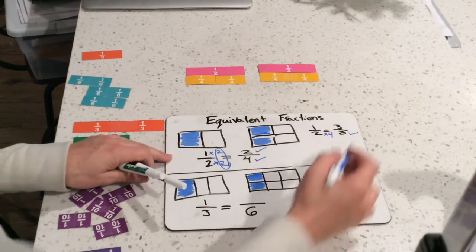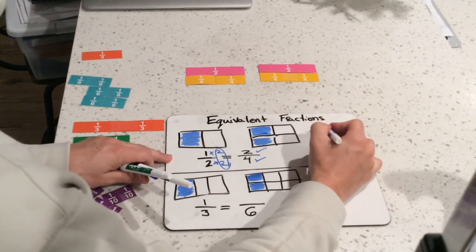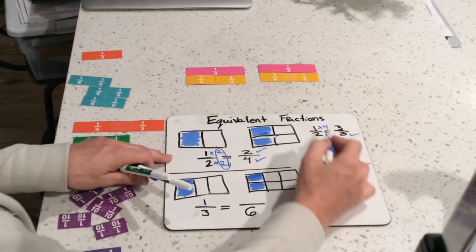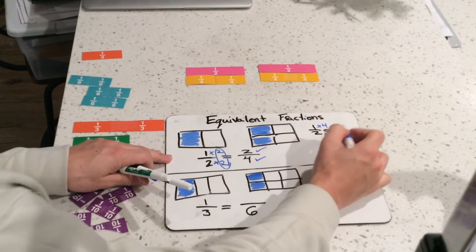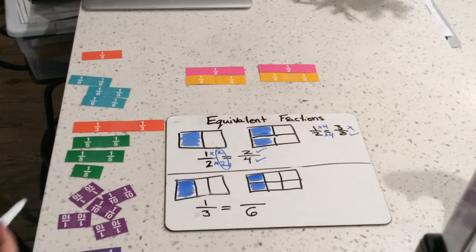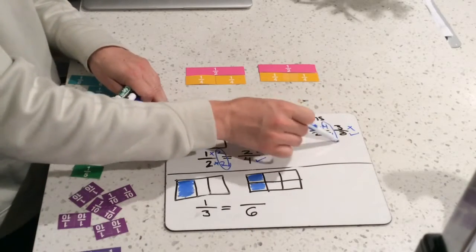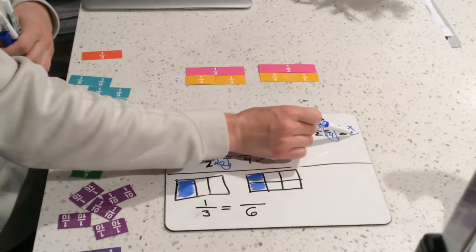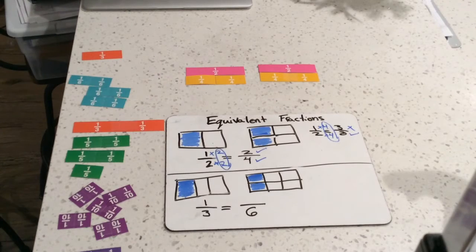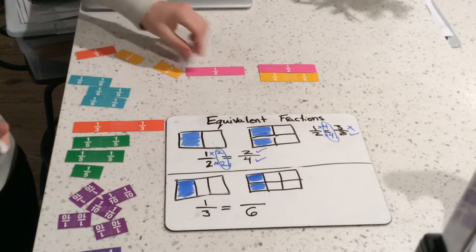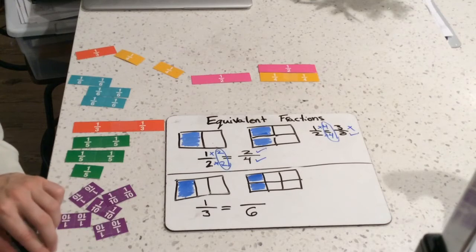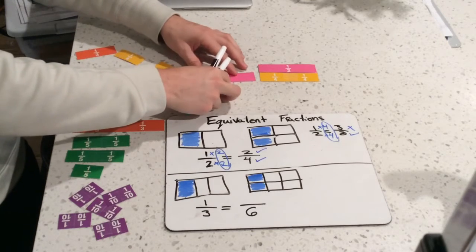That's true. If I multiply by 4 on the denominator, I multiply by 4 on the numerator. Is 1 times 4 3? No, it's not. So I've multiplied by the same number top and bottom, but here I have a check mark and here I have an X. So 1/2 is not the same as 3/8.